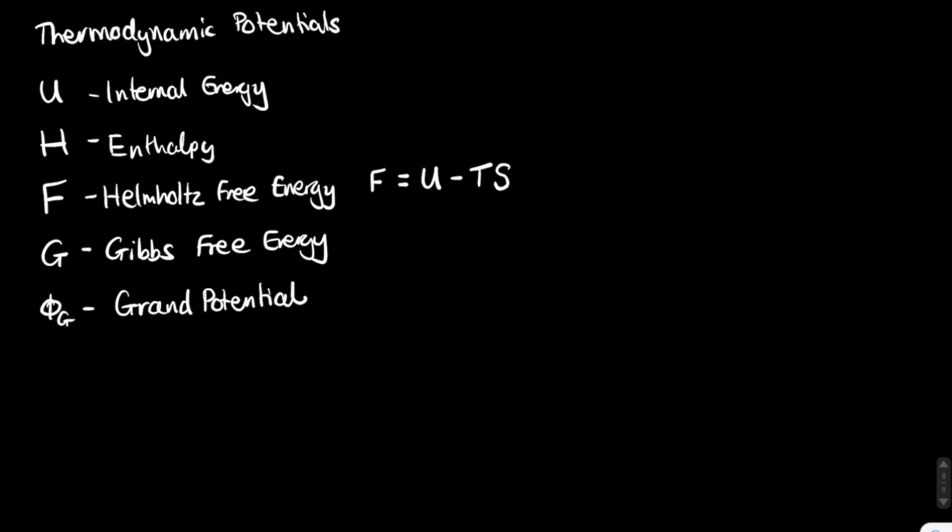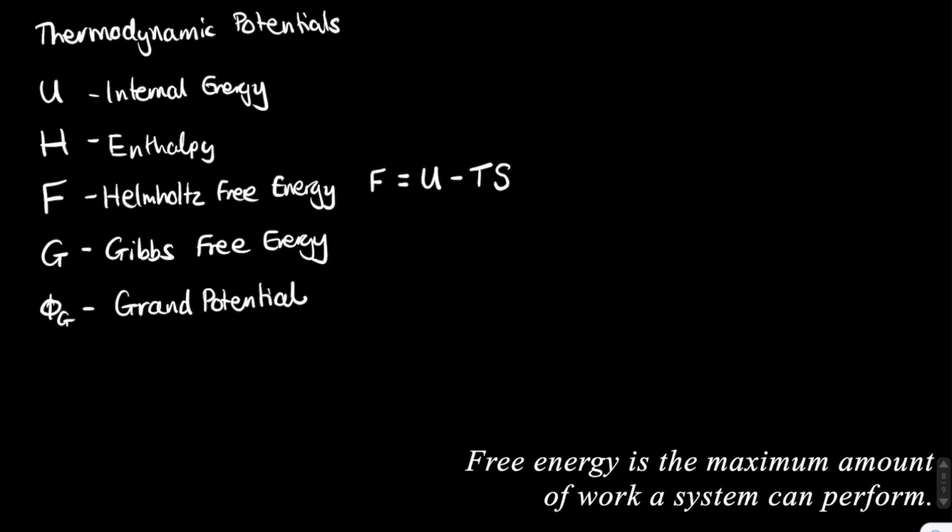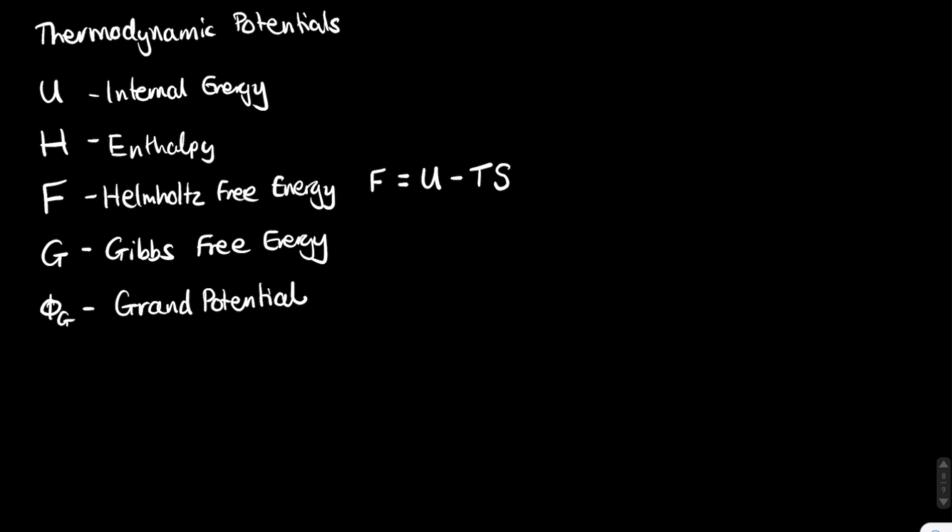The free energy is basically the amount of energy that's available to do work, which has quite an important physical significance. And so that is what the Helmholtz free energy is. The Gibbs free energy is kind of like a combination of both the enthalpy and the internal energy. So let's write out what the enthalpy is again. The enthalpy is U plus PV.